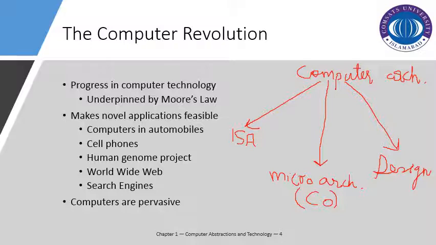So in this course we will be focusing on a particular architecture, that is MIPS 32 architecture, that is basically a RISC architecture. Our point of concern in this course would be revolving around the MIPS 32 architecture, and we will be discussing its instruction set architecture, its organizational setup, and its processor design.